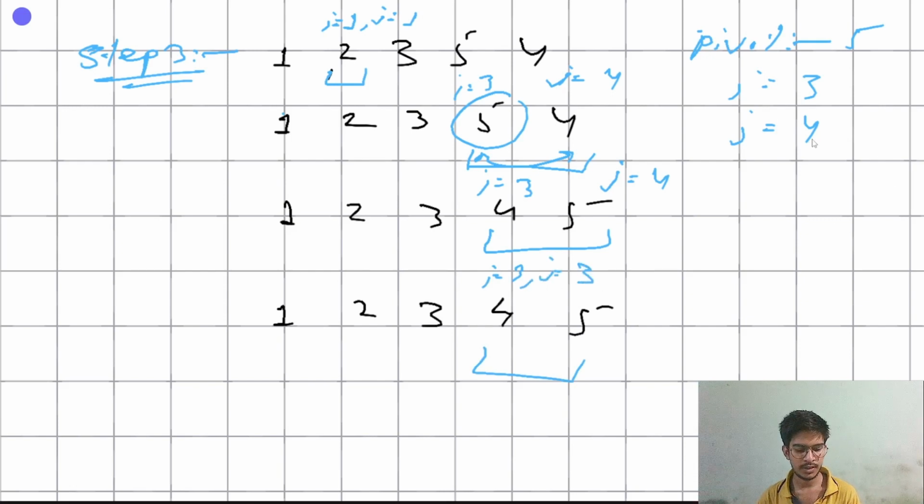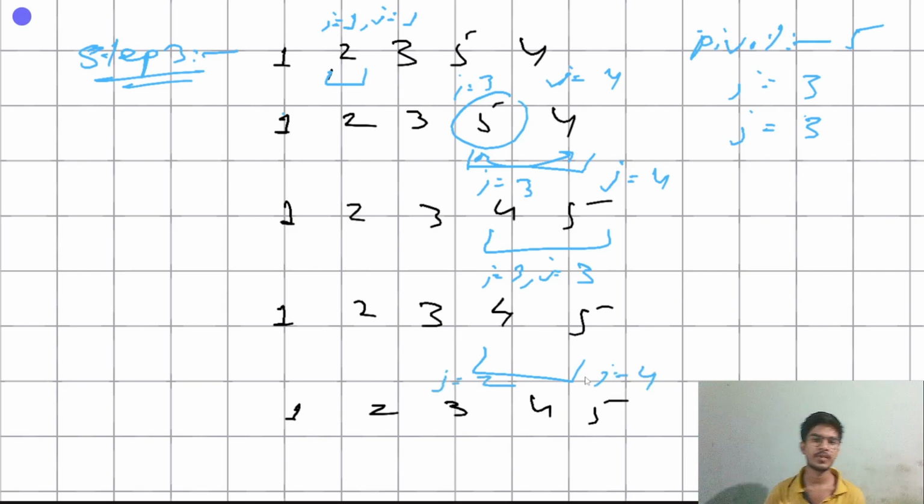Okay, so now again the condition will be checked, and i will be incremented, j will be decremented. i will be incremented, like i equal to 4, and j will be decremented, j equal to 2, right? So that means j equal to 2 and i equal to 4.